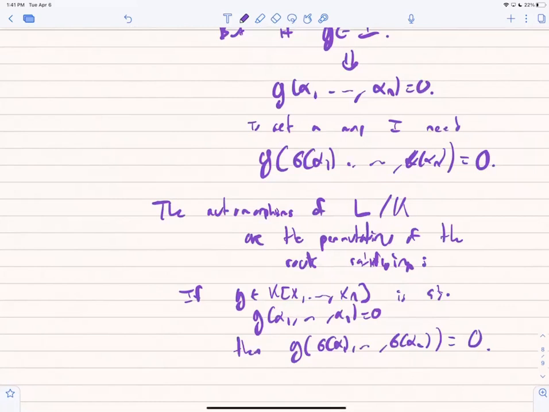That is the point of this computation. Literally, the Galois group is the set of permutations of the roots that preserve algebraic relations between the roots, where those algebraic relations have coefficients in k.